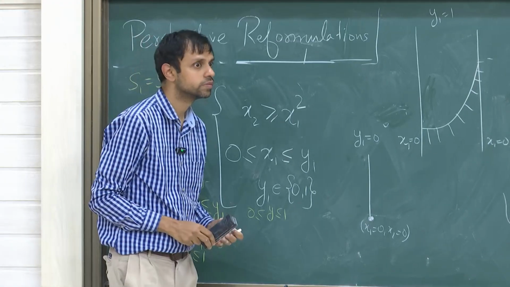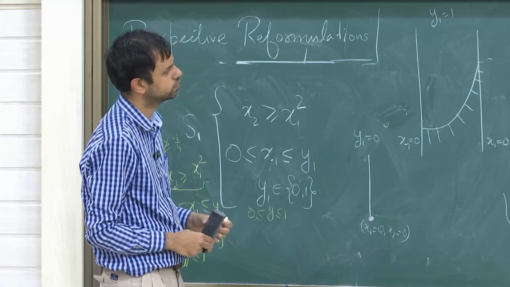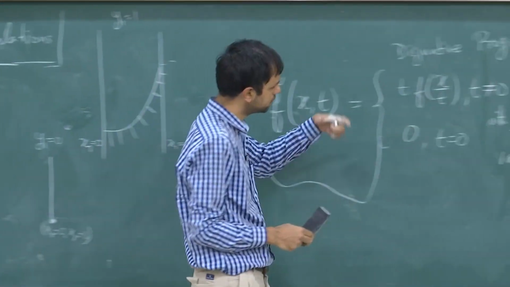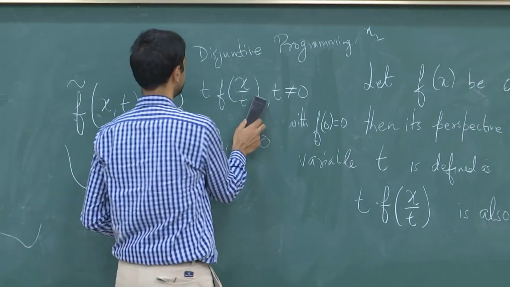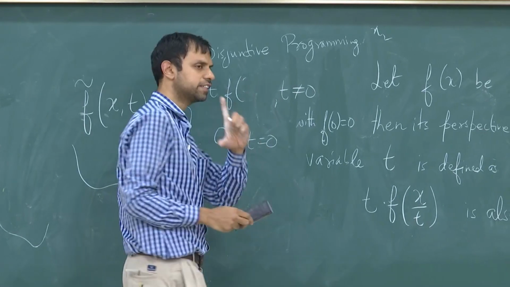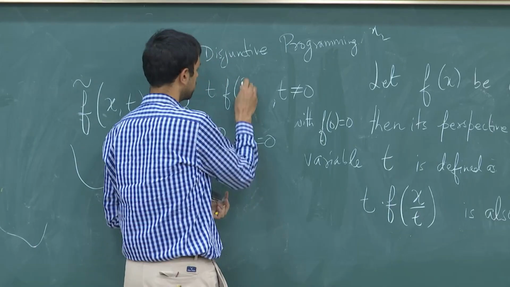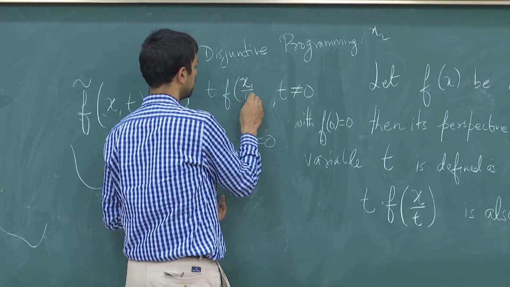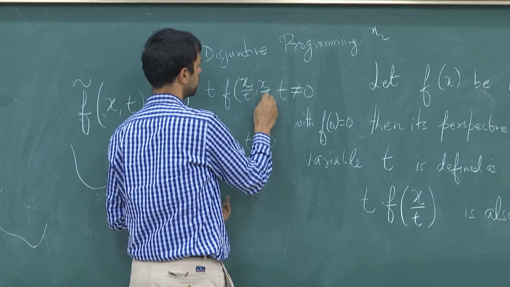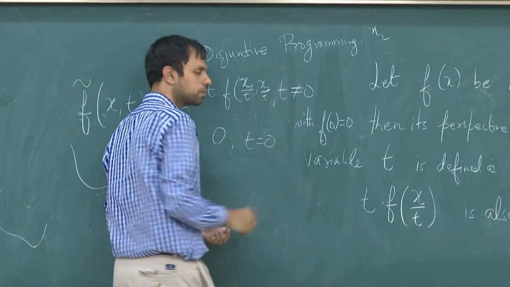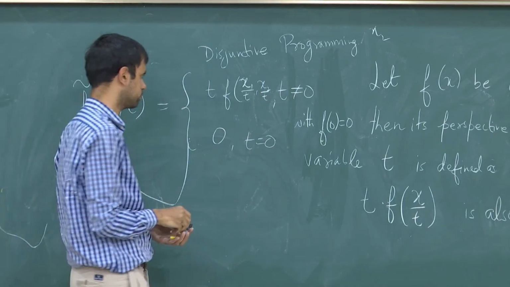What do you mean by f of x by t? x is a vector, and t is a single variable. So this is the same as every variable divided by that t: x1 by t, x2 by t, xk by t.